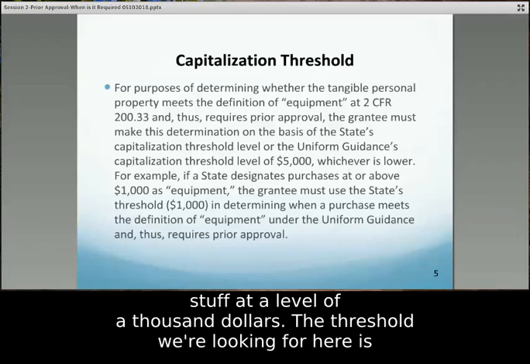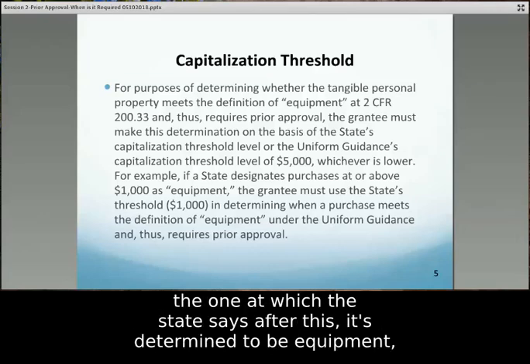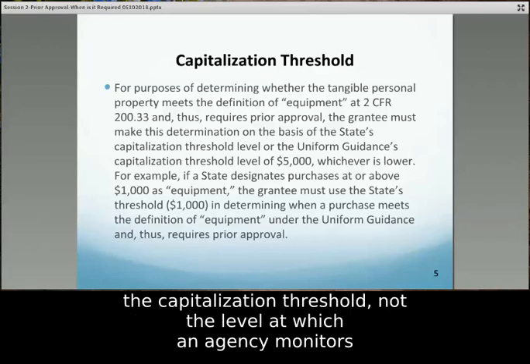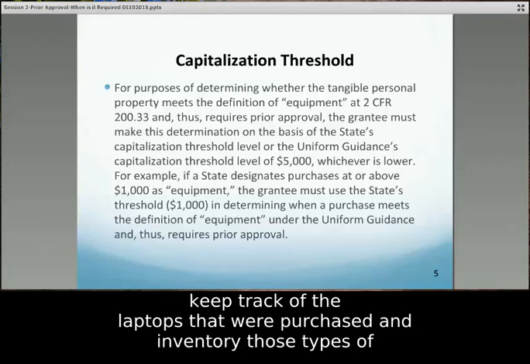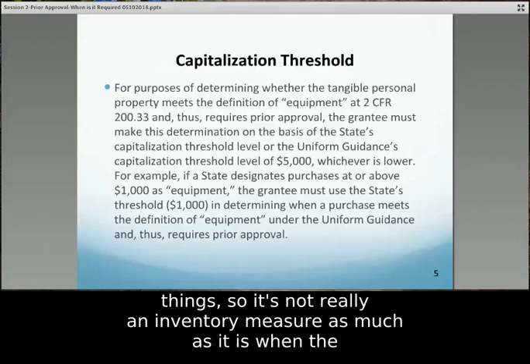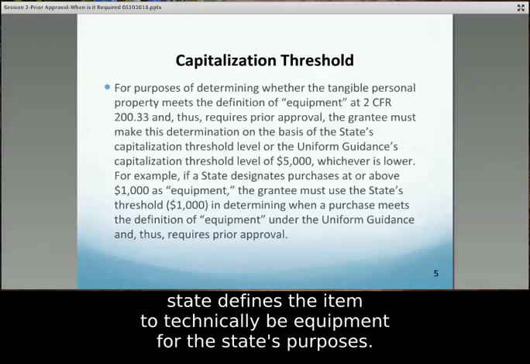The threshold we're looking for here is the one at which the state says, after this, it's determined to be equipment, the capitalization threshold, not the level at which an agency monitors equipment or tracks it. We certainly understand that we want to keep track of the laptops that were purchased and inventory those types of things. So it's not really an inventory measure as much as when the state defines the item to technically be equipment for the state's purposes.